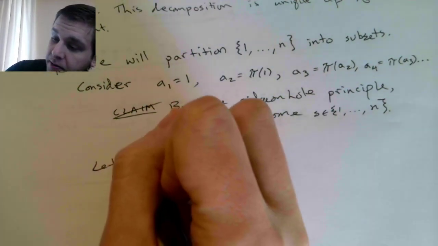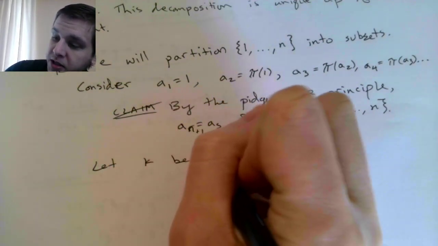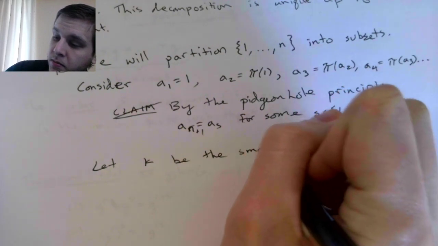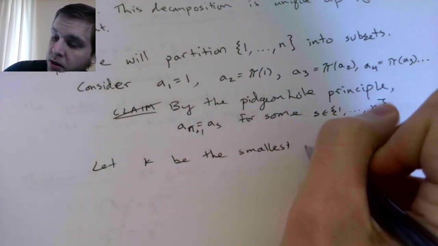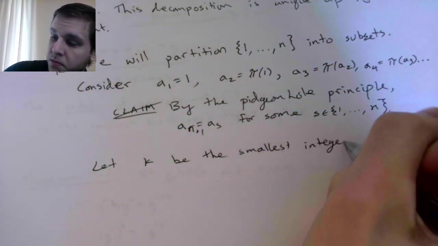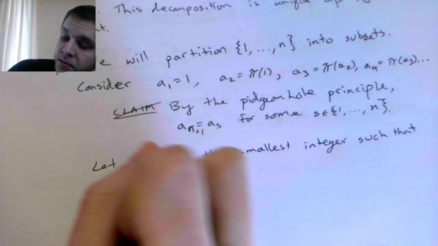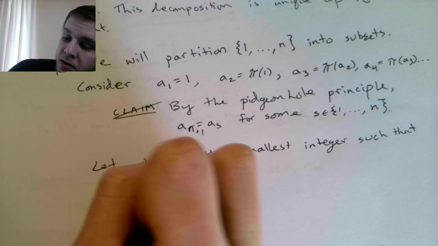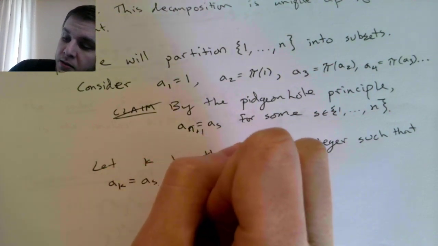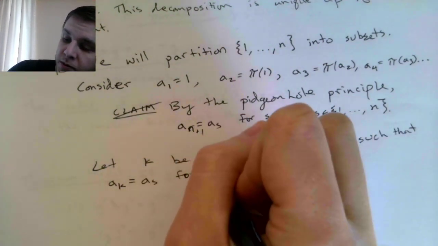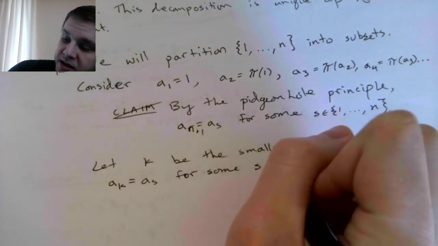So let k be the smallest integer such that a_k equals a_s for some s smaller than k.